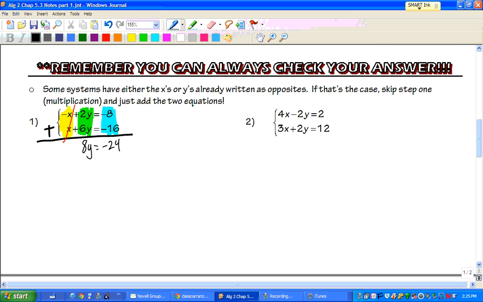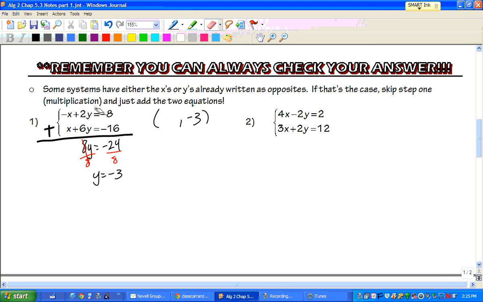Remember, even when we're doing substitution, we always want to isolate a variable so we can find out what it is. Negative 24 divided by 8 is negative 3. So we know what the y is, we just need to find the x.